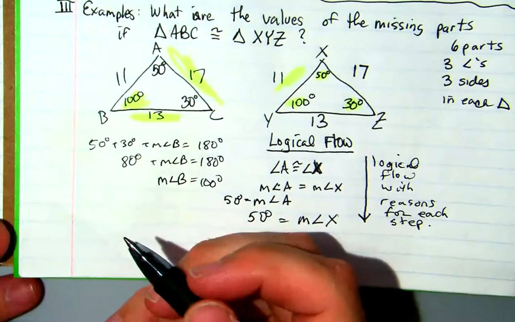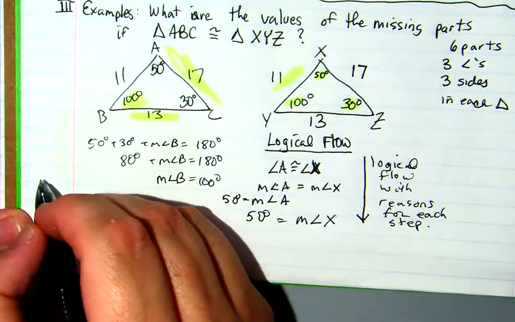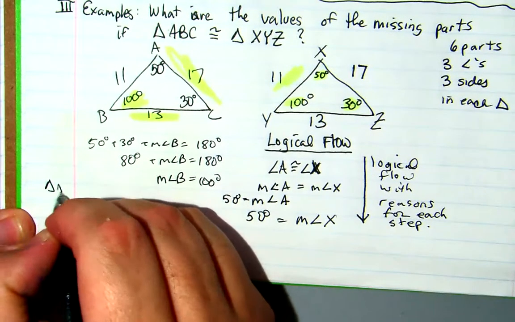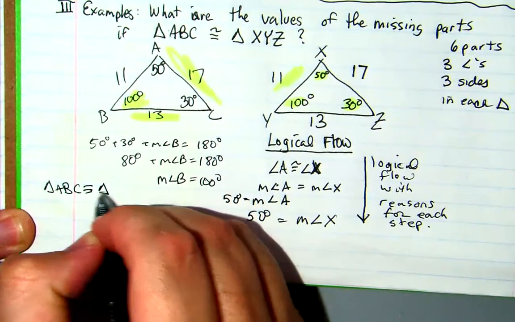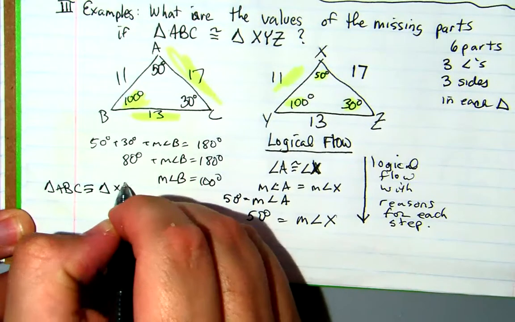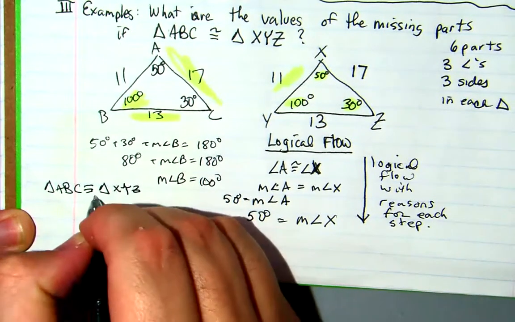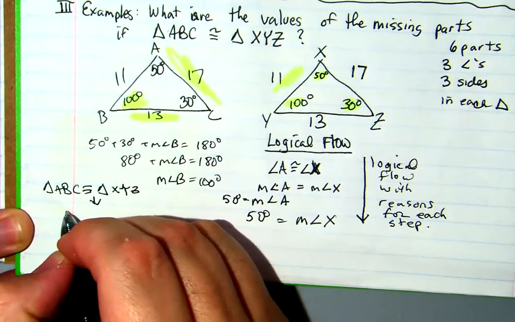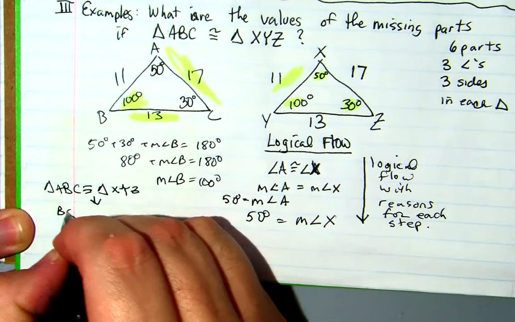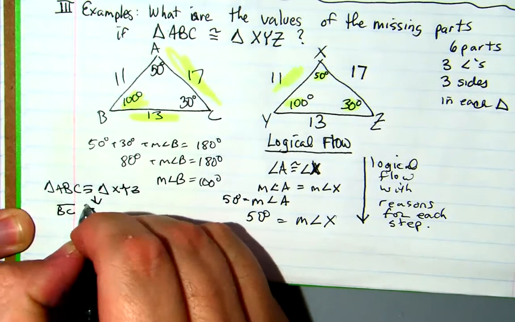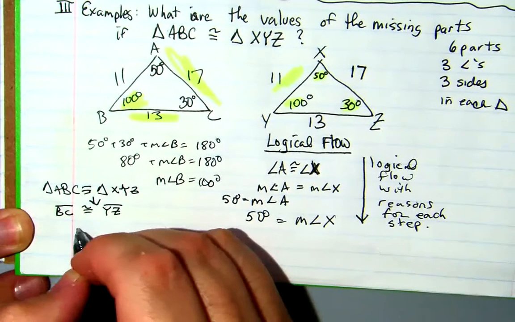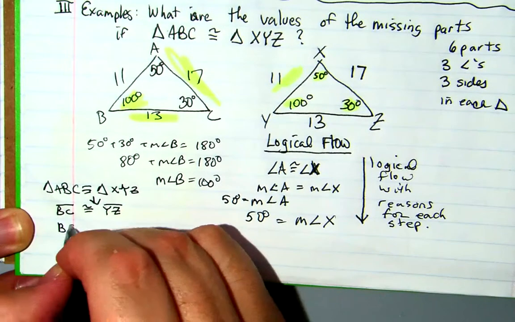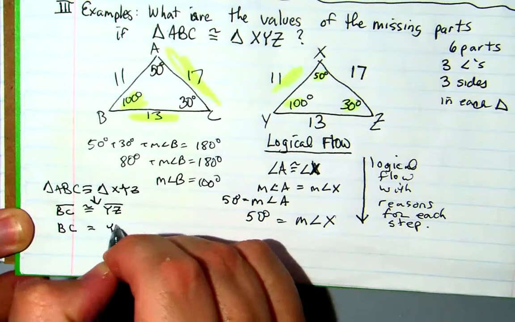I would say this. I'd say, well, since the triangles are congruent, since triangle ABC is congruent to triangle XYZ, the next step says that segment BC is congruent to segment YZ, which tells me that BC is equal to YZ.